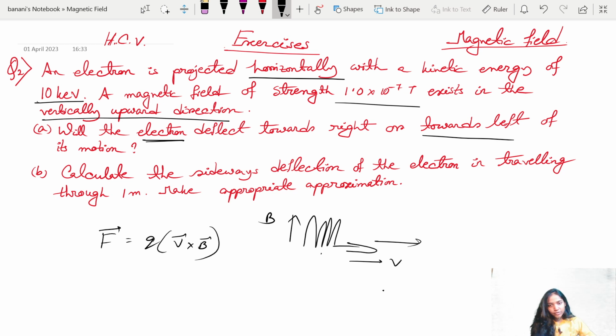Calculate the sideways deflection of the electron in travelling through 1 meter. Make approximation. So for the first part, the answer will be towards the left of its motion. Come to the second part.